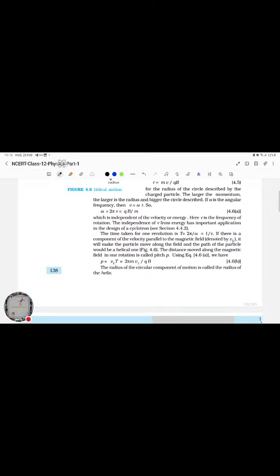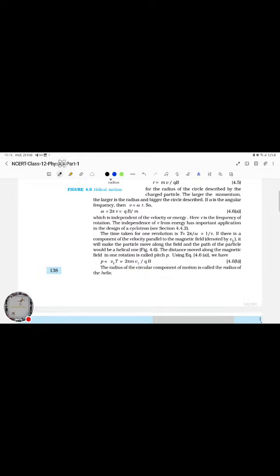And now that we know that v is equal to r omega and r is equal to mv by qB, that's r times omega, so omega equals qB by m. So as we can see over here, the angular frequency, which is equal to 2 pi times the frequency, is actually independent.